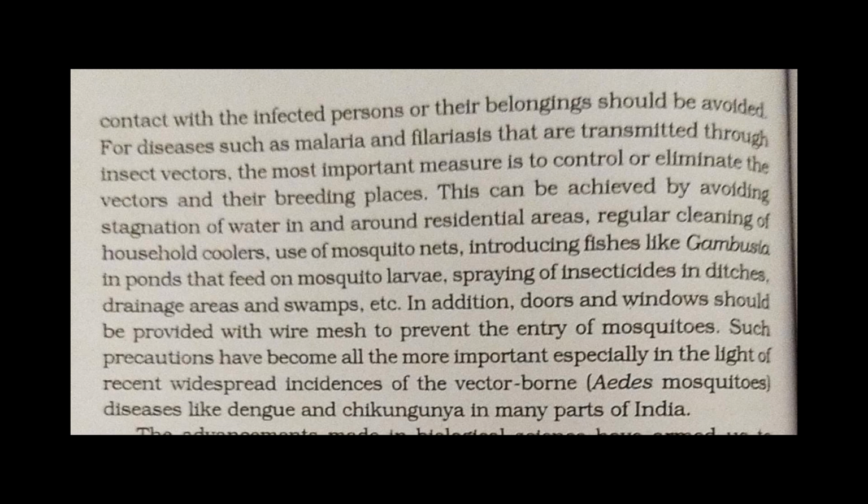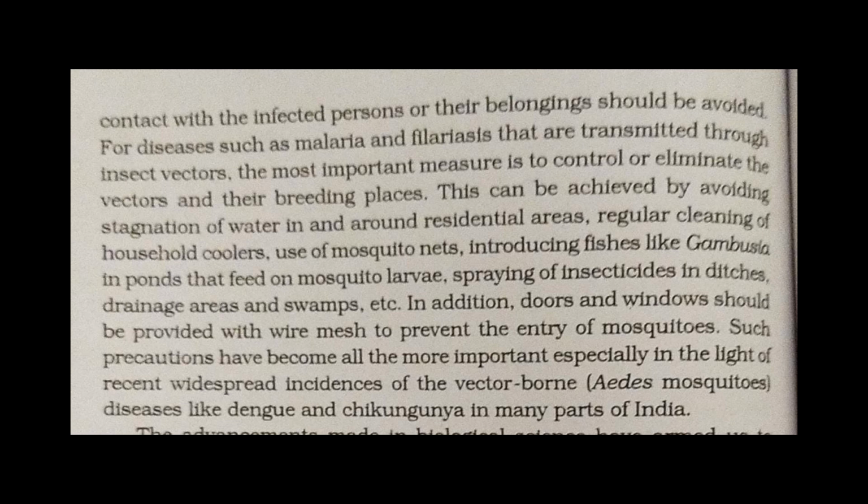This can be achieved by avoiding stagnation of water in and around residential areas, regular cleaning of household coolers, use of mosquito nets, introducing fish like gambusia in ponds that feed on mosquito larvae, spraying of insecticides in ditches, drainage areas and swamps, etc. In addition, doors and windows should be provided with wire mesh to prevent the entry of mosquitoes.